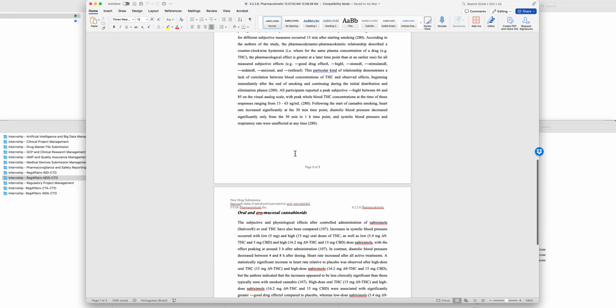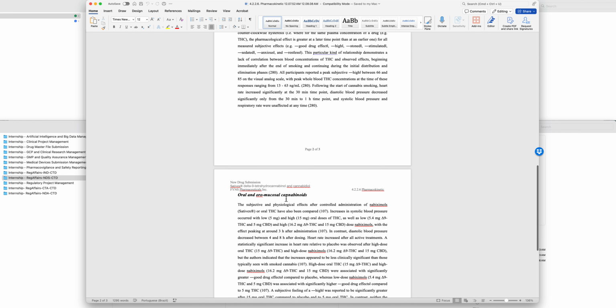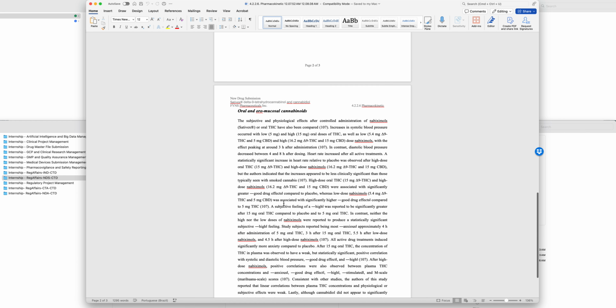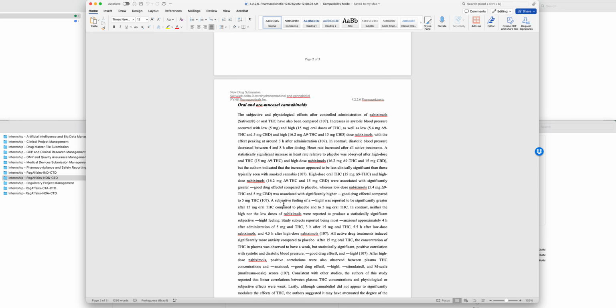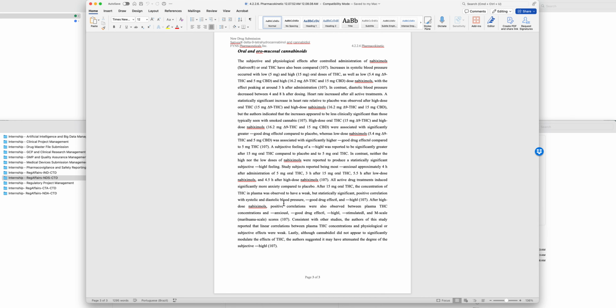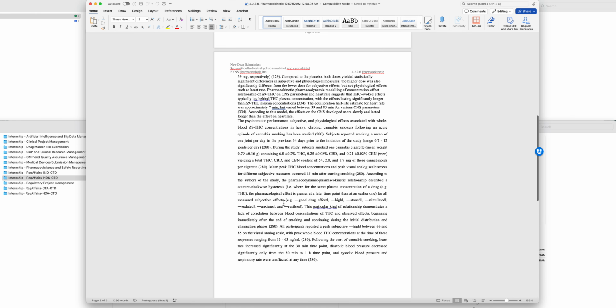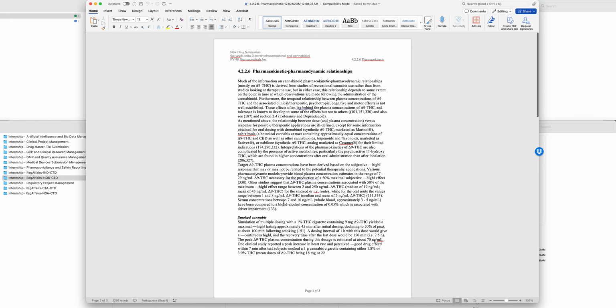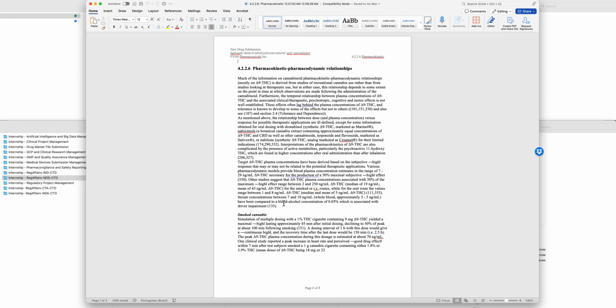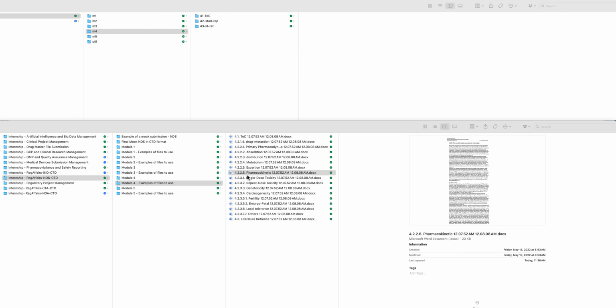And of course, we talk about the oral or oromucosal cannabinoids as well. Again, it will depend on your drug, its molecule, its stability, and its use or recommended use. So you are going to need to look into that type of information and add it into your module 4226.